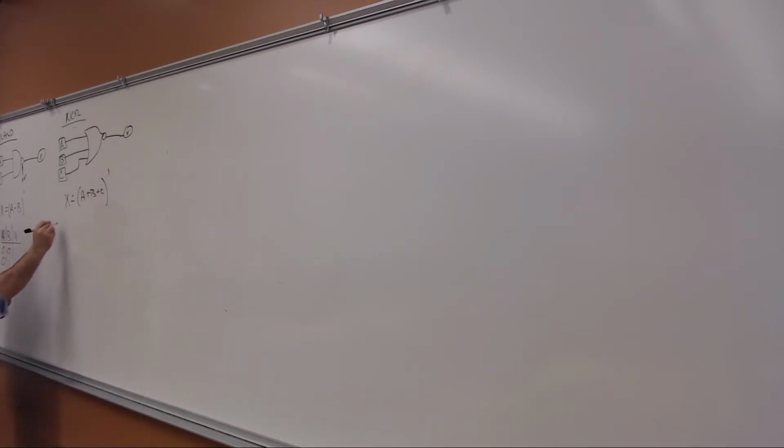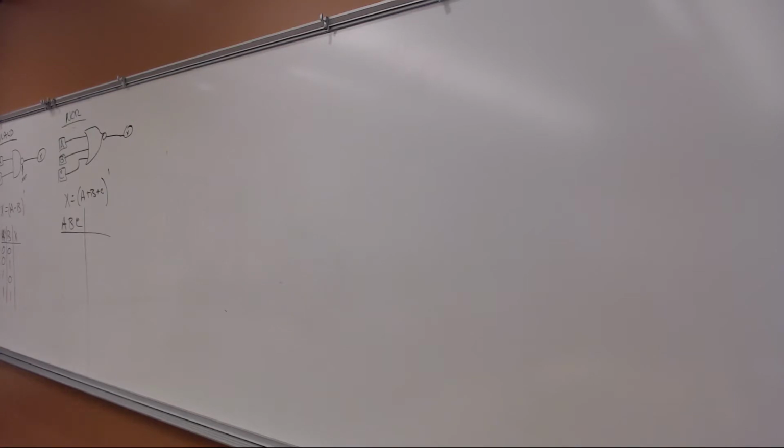Since I have 3 inputs, A, B, and C, how many different states can that gate have? 2 to the 3rd. It's always base 2. Always. The exponent comes from the number of inputs that I have, or the number of characters that I have, or the number of bits that I have.